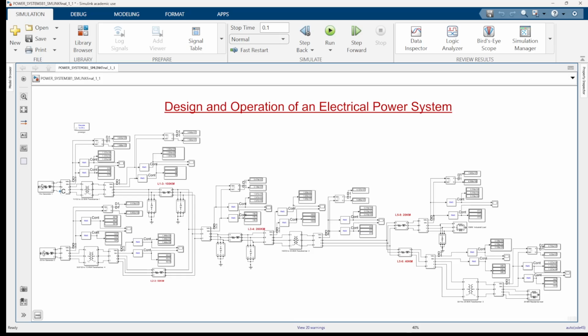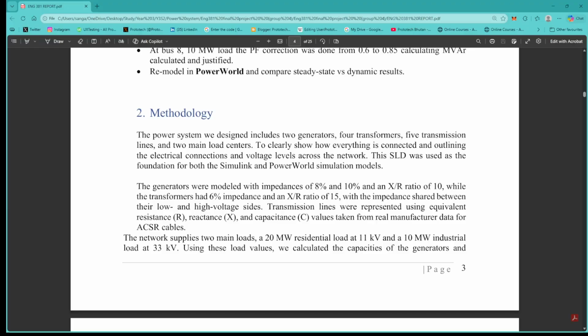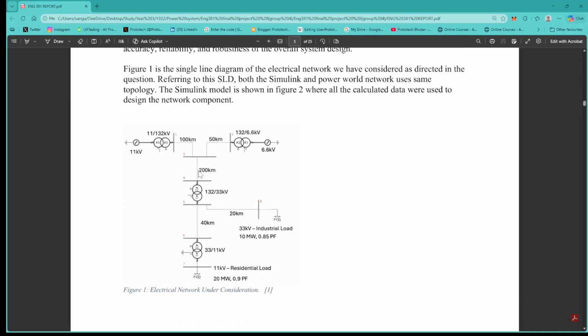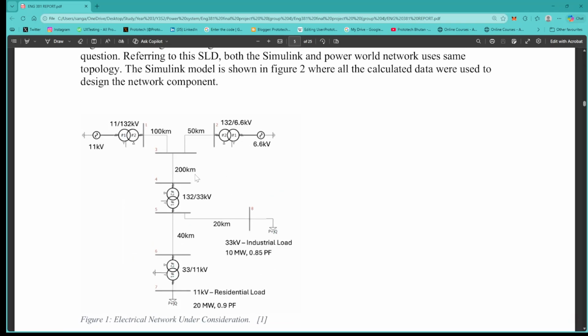The Simulink model represents the single line diagram of a network. The system includes two synchronous generators of 11 kV and 6.6 kV and four different transformers, which will step up 11 kV to 132 kV and 6.6 kV to 132 kV.